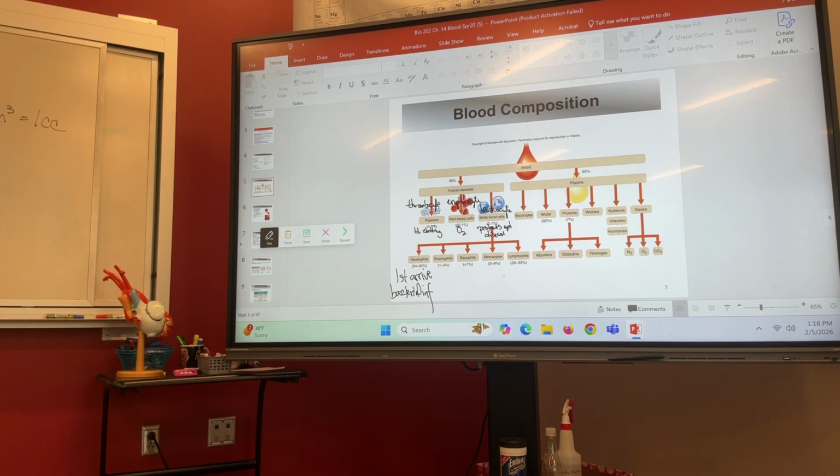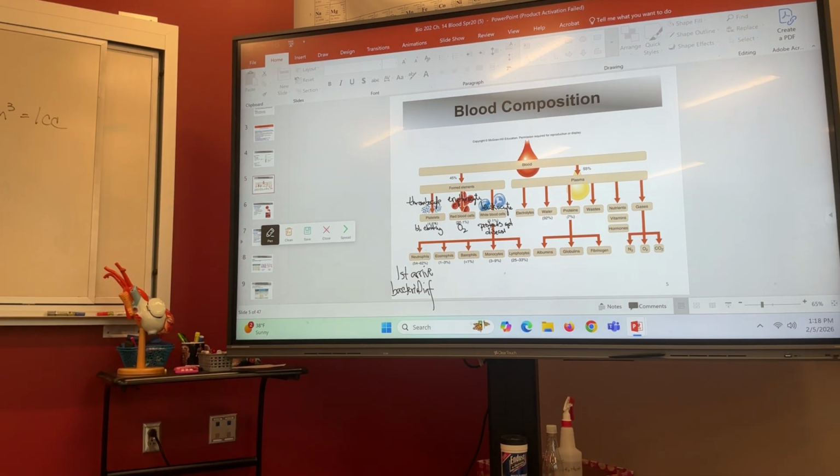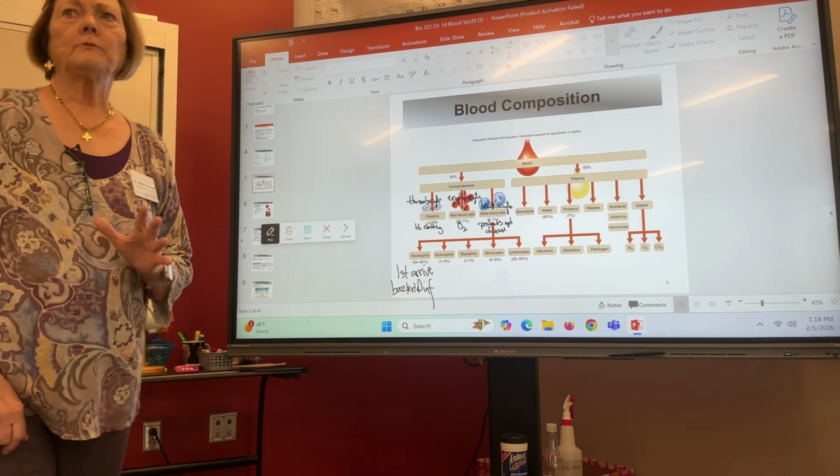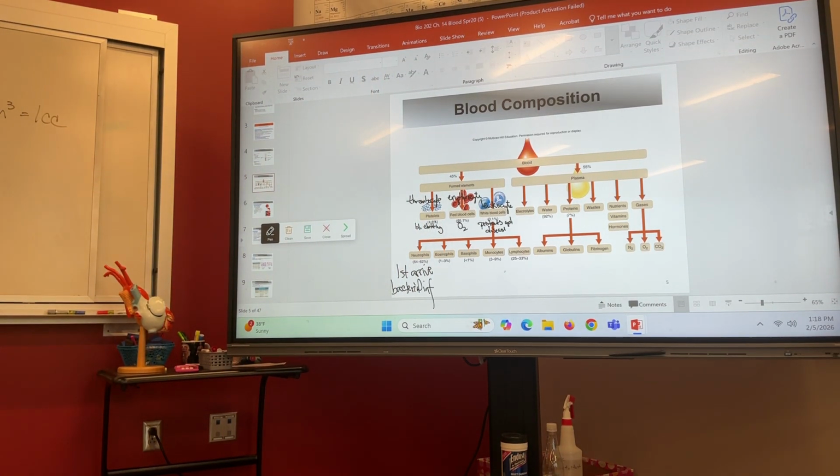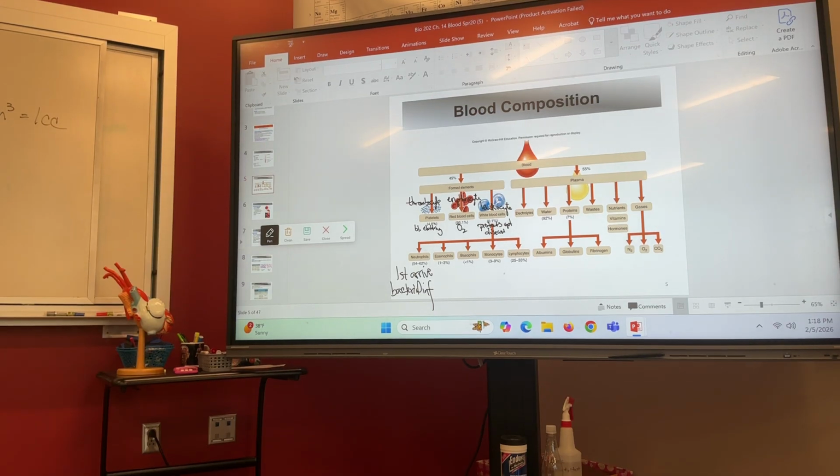So, for those of you that were not here, there are 5 types of leukocytes. Leukocytes are white blood cells, and they have a very important function of protecting you from bad guys, from pathogens, from disease, from all kinds of stuff, okay?